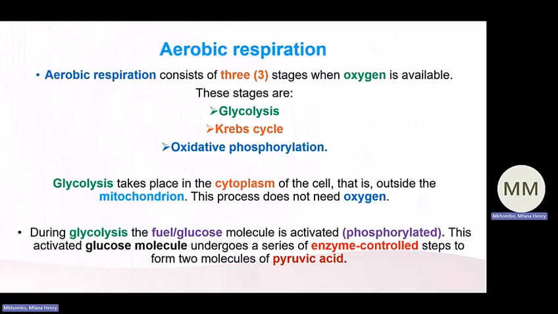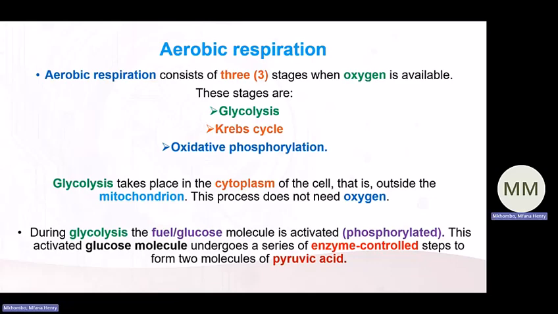These stages are known as glycolysis, the Krebs cycle, as well as the oxidative phosphorylation reaction or electron transport system. Glycolysis takes place in the cytoplasm of the cell, that is outside the mitochondria. This process does not require oxygen. There is no need for molecular oxygen.